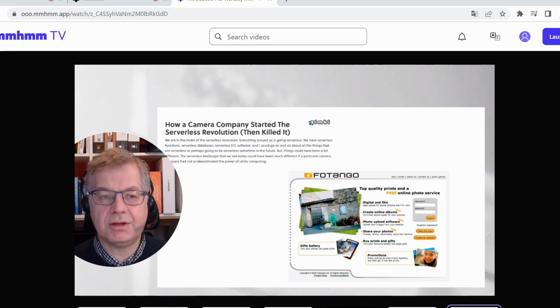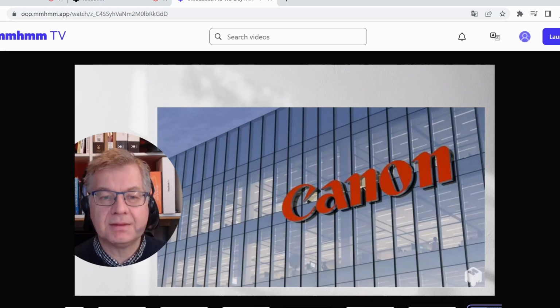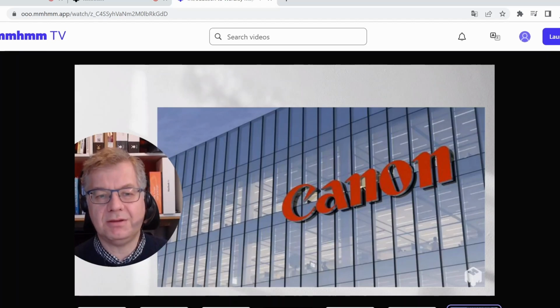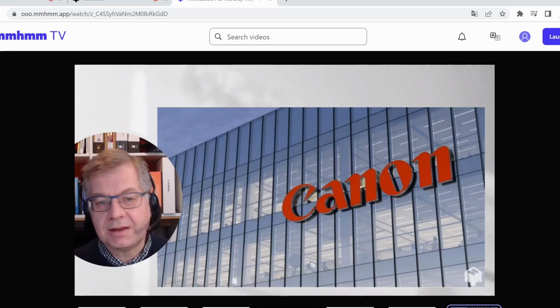So Simon was both lucky and unlucky, because Fotango was acquired by Canon. And Canon's management had been advised by management consultants that the next big thing would be 3D TVs, and that they should get rid of Fotango. Cloud technology was not really on people's radar yet, so Canon didn't consider it valuable.